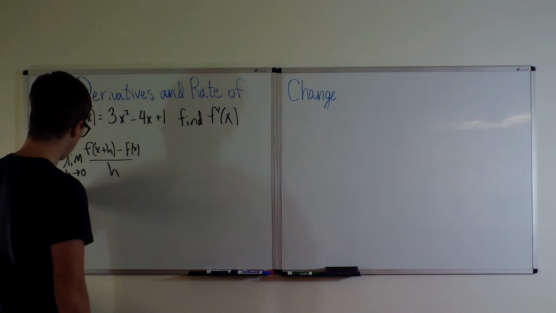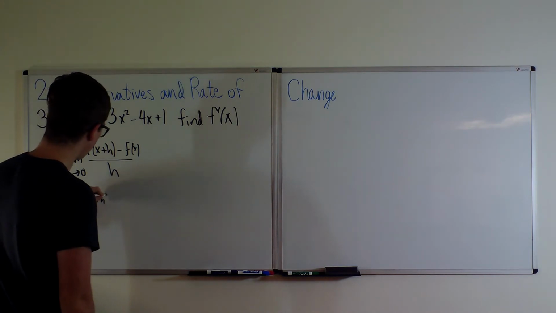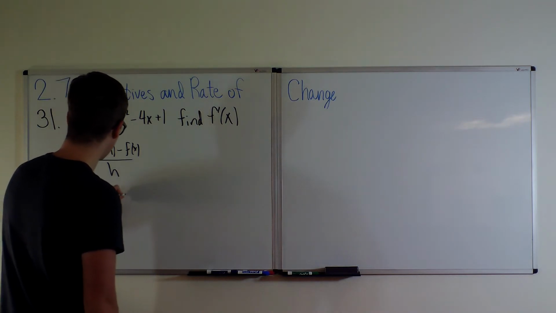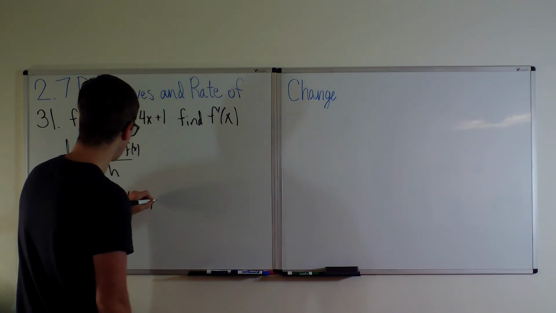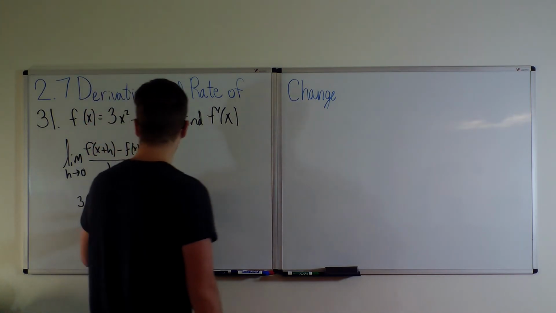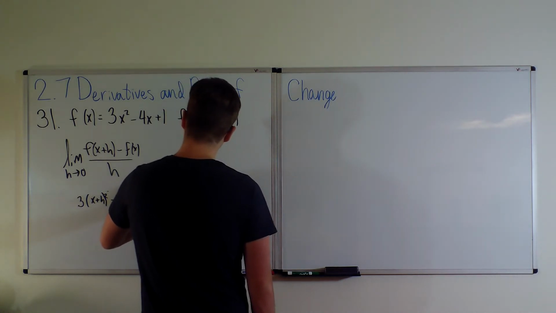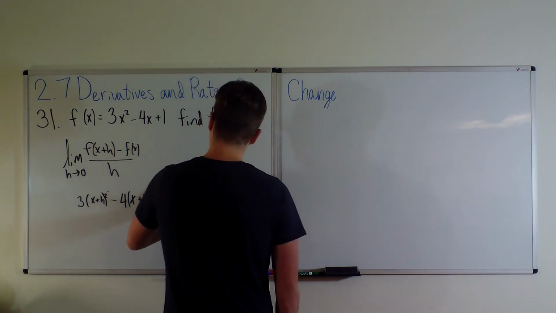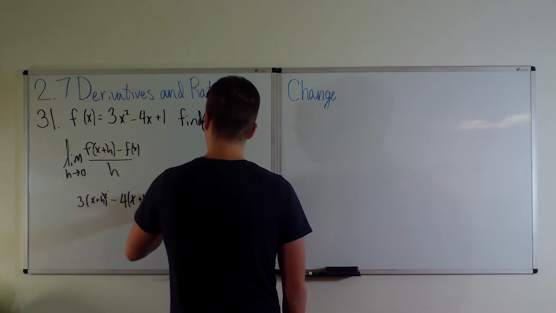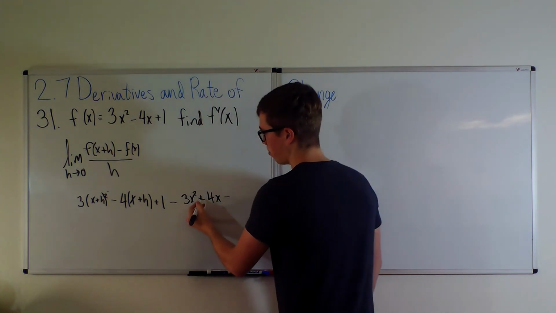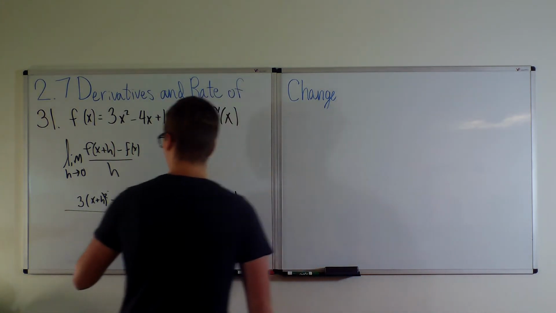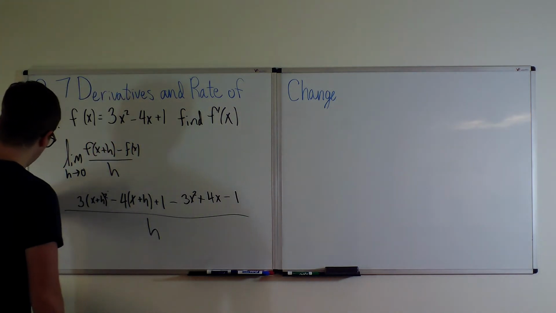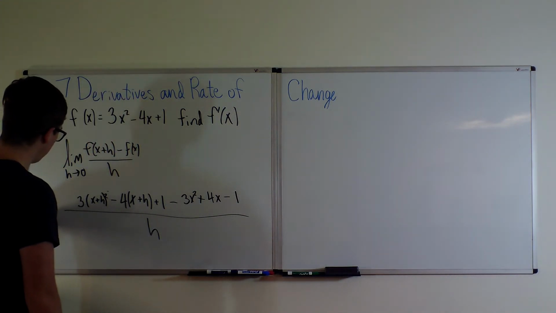So we have 3 (x plus h) squared minus 4 (x plus h) plus 1 minus (3x squared minus 4x plus 1), so plus 4x, because the minus will make that a plus, minus 1. And this is all over h, and then we have the limit as h approaches 0.